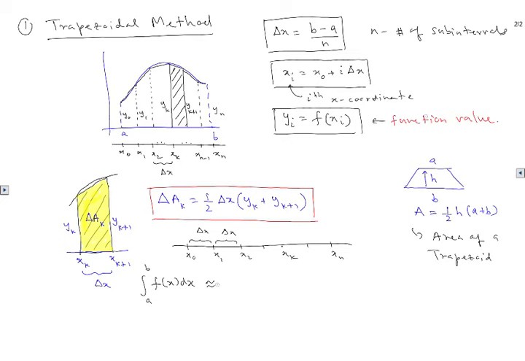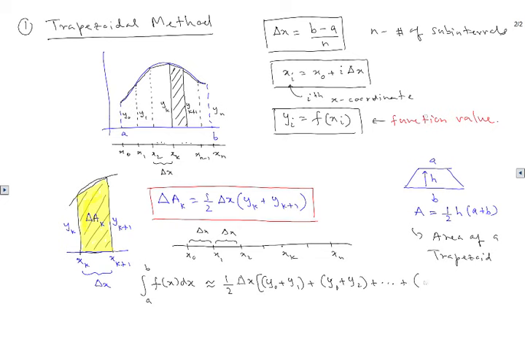So the area, the integral from a to b of f(x) dx, is approximately equal to the sum of the areas of such trapezoids. It starts with 1/2 delta x, that's common, and then the first one has y0 plus y1, those are the two sides. From the second one you get y1 plus y2. Just keep doing it.